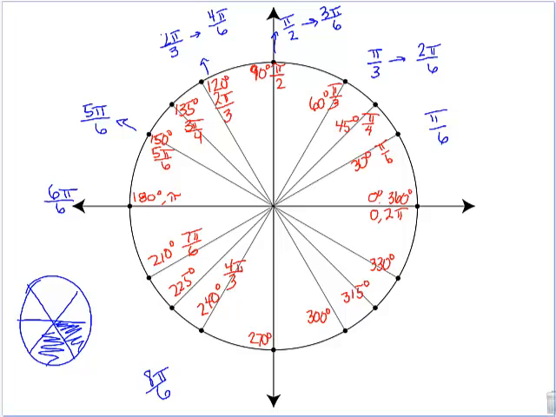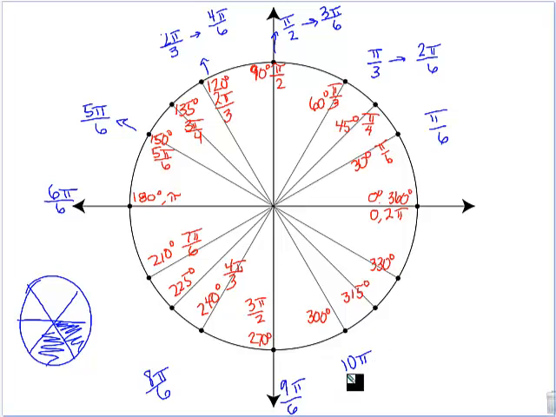Okay, what would 270 be? Okay, 9 pi over 6, but that can be reduced to what? 3 halves, so 3 pi over 2. Okay, what's our next measurement on here? 270, then we go to 300, which would be what?